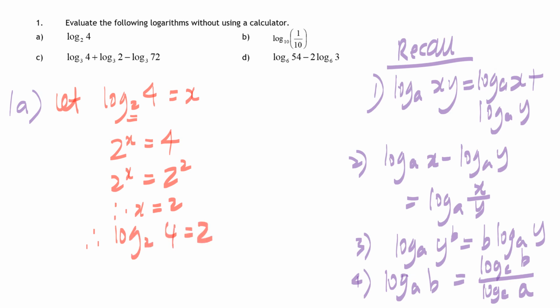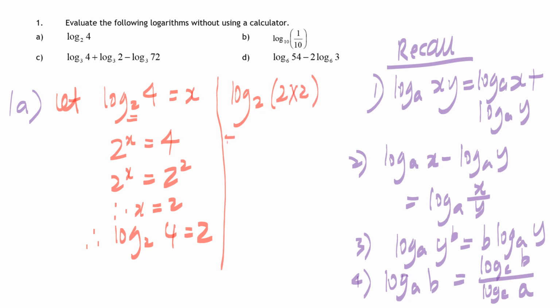This is rather a long way of doing it. You can do that, of course, since we are given just a single log. But a shorter way, of course, is to apply what we have learned. So how do we apply it? Log base 2 of 4, so 4 is actually 2 times 2, isn't it?